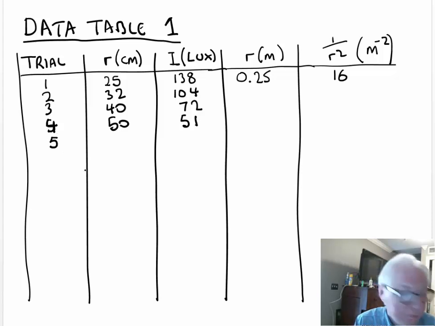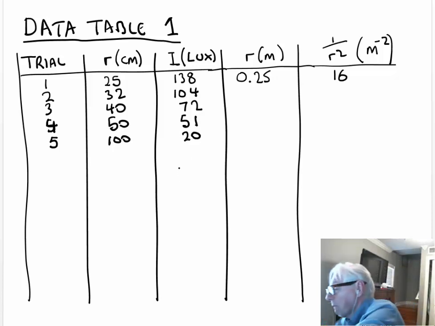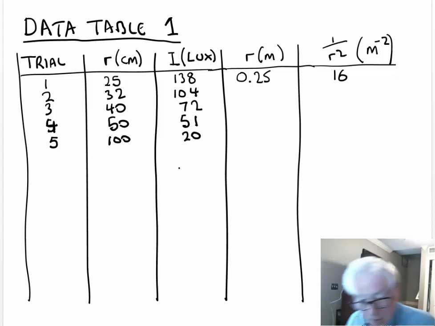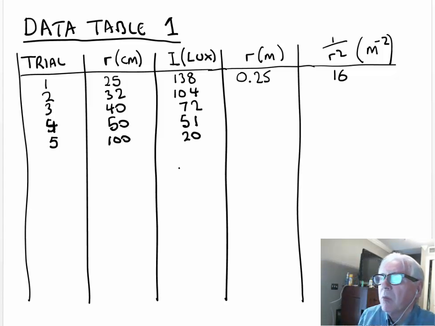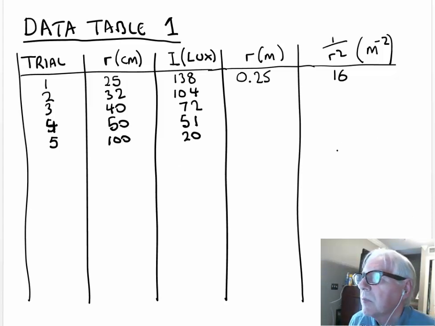So this is 5, and this is going to be 100, and that's 20. And let's do those and see how they look. And so we come along and we say this is 0.32, and this is 0.40, and this is 0.50, and then this is 1.00.